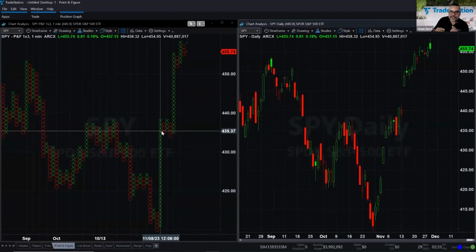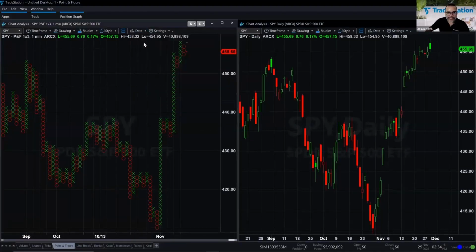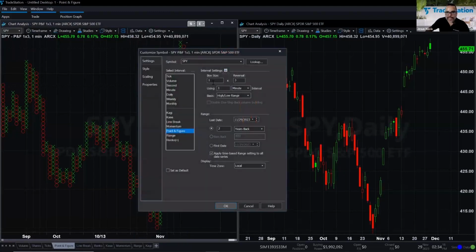Now, what drives the switching between a column of X's and a column of O's? That is something to keep in mind, because as a chartist, you're going to have to supply what the size or the price movement you're looking for is. If I go to the data tab and I go to edit symbol, for SPY I picked a box size of 1.